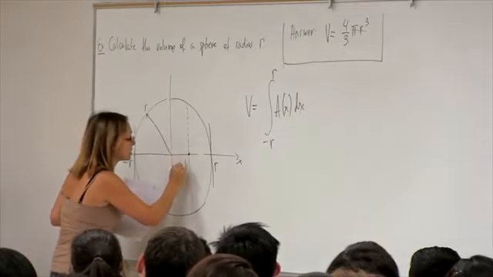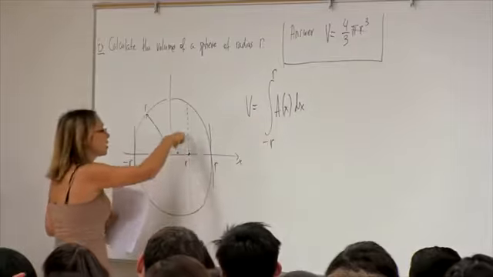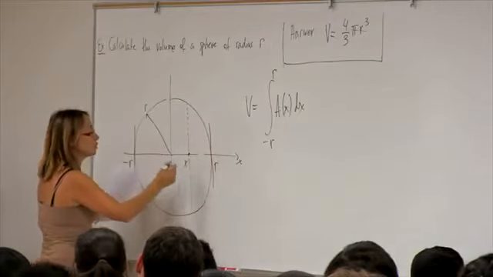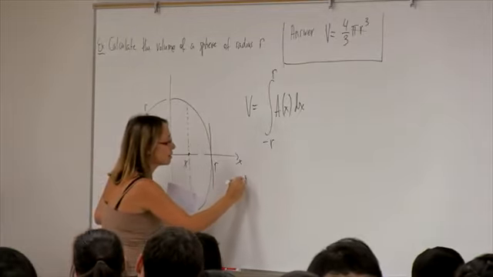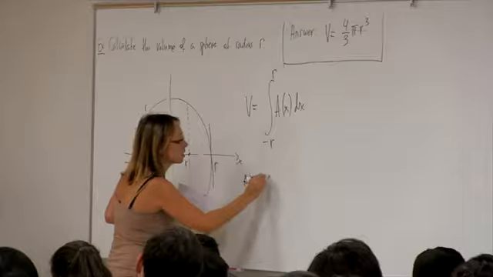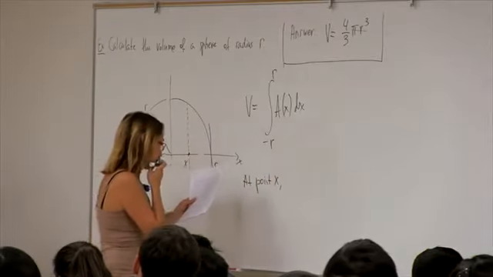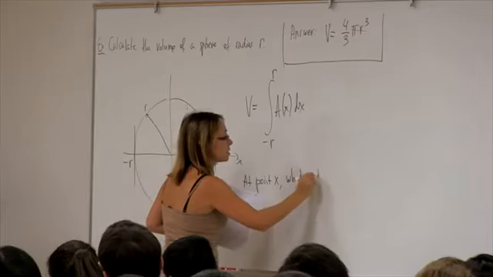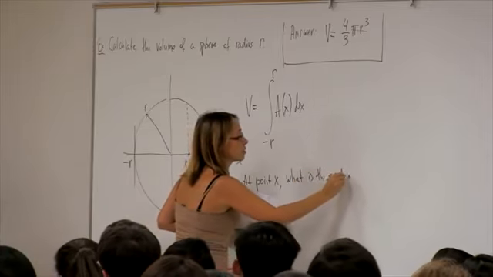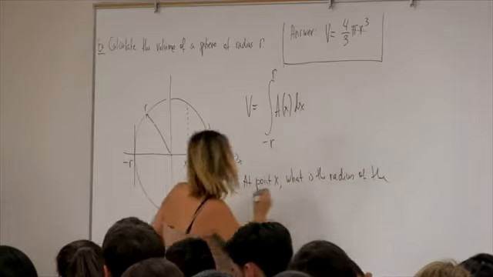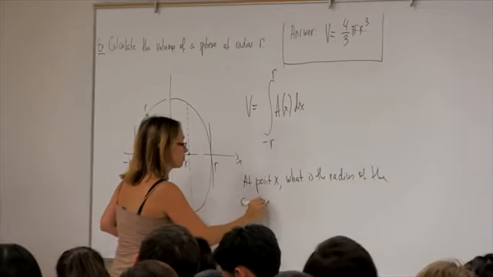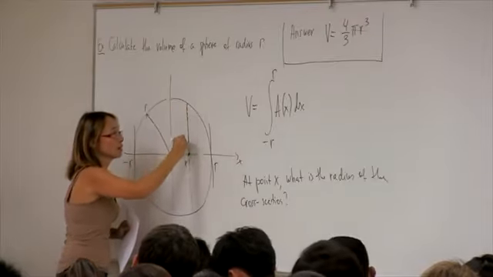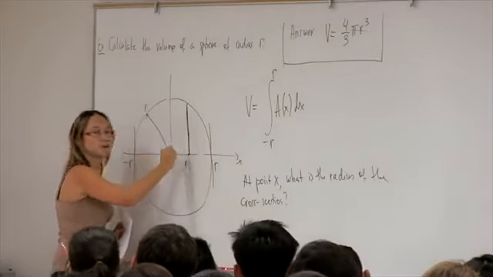So I have to figure out the area of those circles. Let's suppose that I'm here. This is my current coordinate x. Calculate A(x). What is the radius of the cross section at point x?